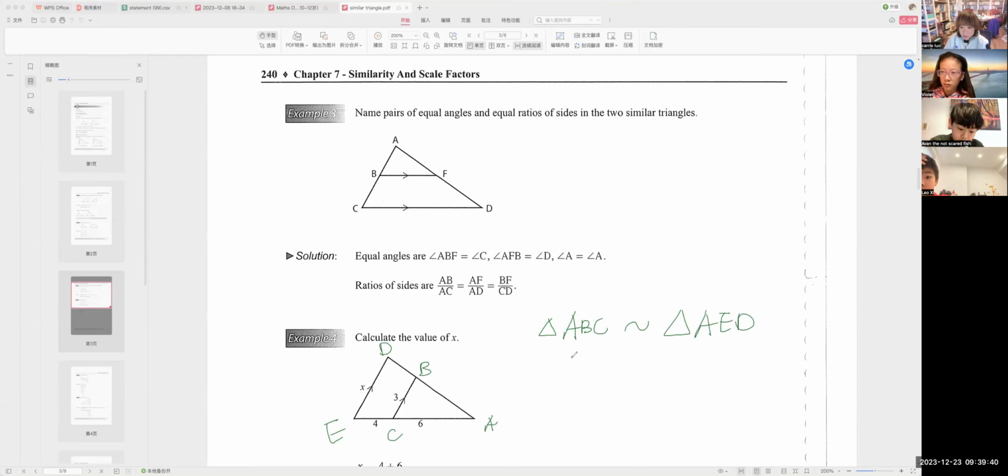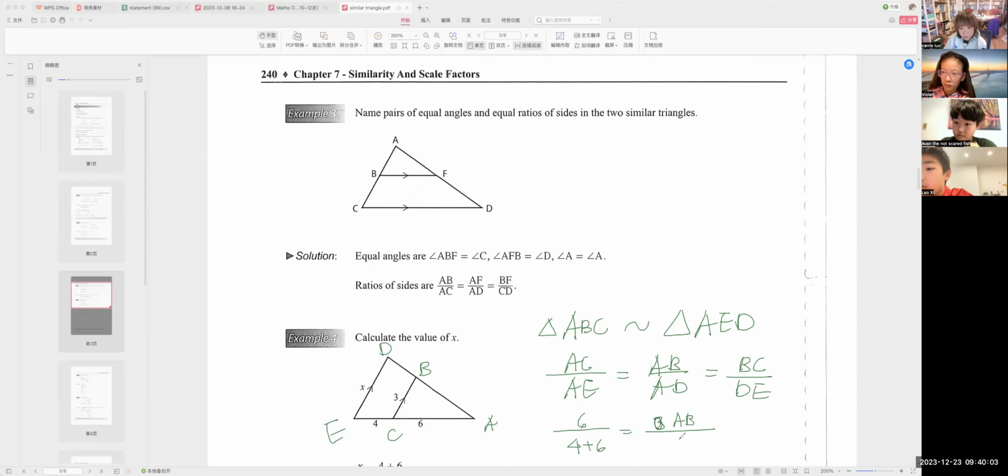So AC to AE equals AB to AD equals BC to DE. AC equals 6, AE equals 4 plus 6. AB and AD we don't know, but we have BC equals 3 and DE equals X.